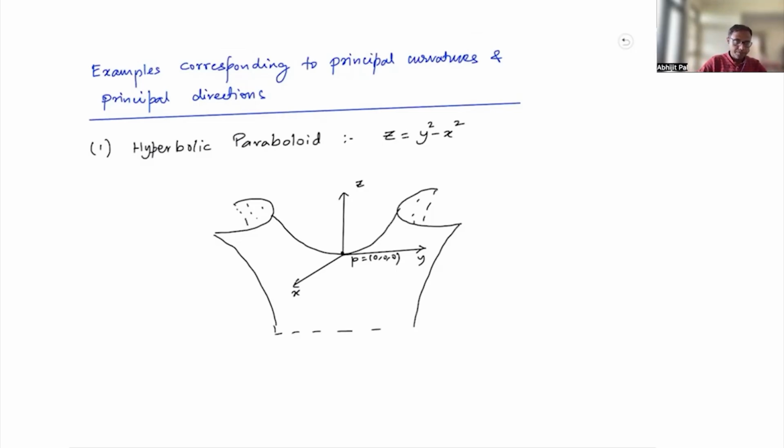So let us take a parametrization of this hyperbolic paraboloid. Let sigma of u, v be equal to (u, v, v square minus u square). So sigma of (0, 0) is the origin. So it is the point P. Okay.